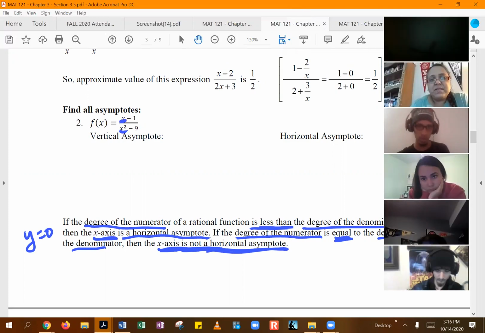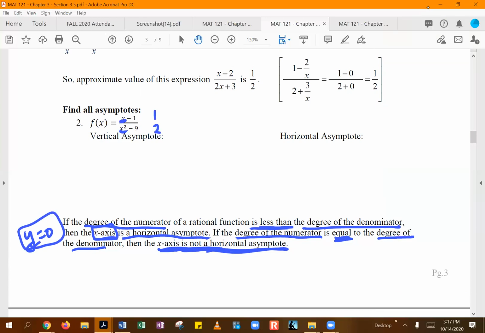With this one, on the numerator I have x to the first power, and on the denominator I have x to the second power. So the degree of the numerator is 1 and the degree of the denominator is 2. Since the degree on my numerator is less than the degree on the denominator, the x-axis is going to be the horizontal asymptote. That's the y equals 0 line.